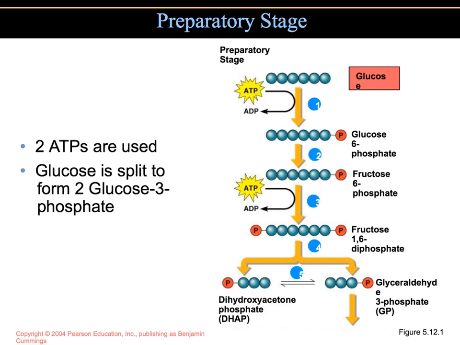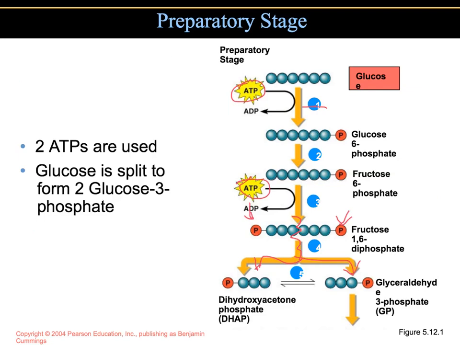So first of all, in step 1, what we see here would be that glucose enters the cell and it is phosphorylated. So the 2 ATPs, 1, 2, attach their phosphates to the glucose molecule. And now that it's highly energized, it is going to basically rip that 6-carbon molecule apart to make 2 3-carbon molecules.